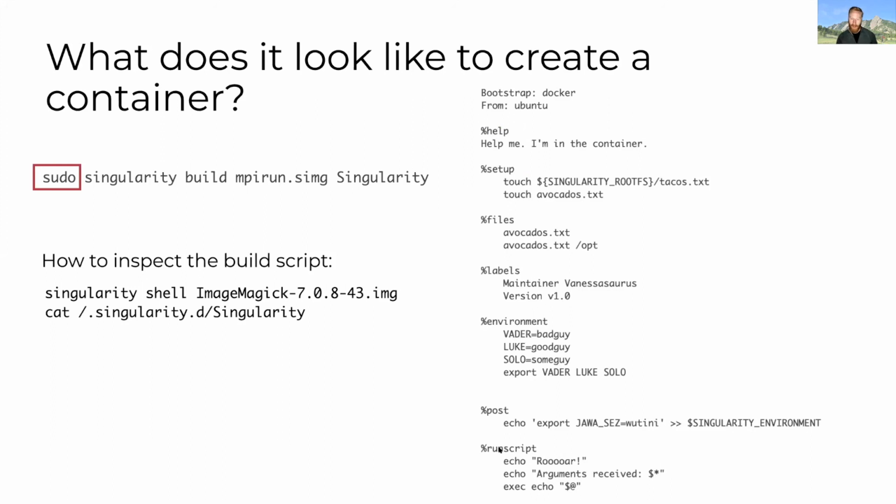You can see that what's going to run when this container is run is just echo roar, and it will also tell you that it's received some arguments, whatever arguments you put in. You can specify environment variables, and you can label it, that's very helpful, and version it.